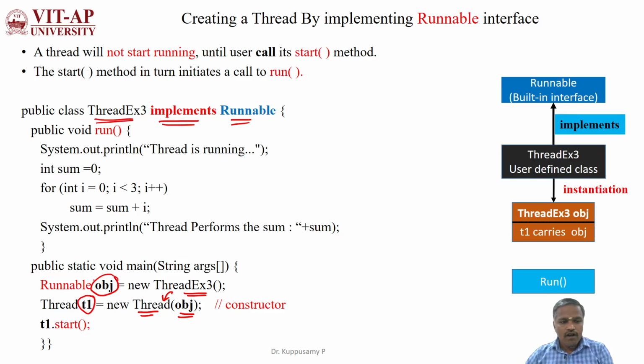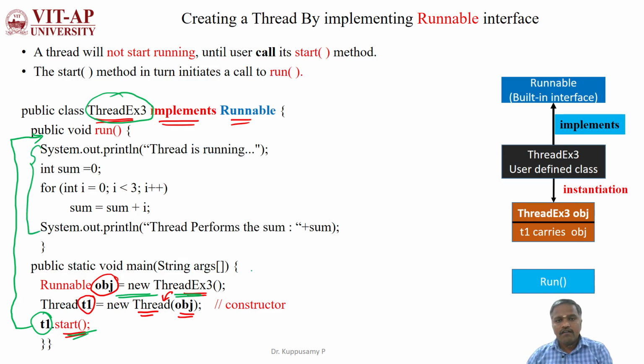Now I am initiating the start method by using t1. Once it is done, t1 is related to obj, which is related to ThreadEx3. So implicitly t1 invokes the run method belonging to ThreadEx3, and this run method is executed by the Java virtual machine.